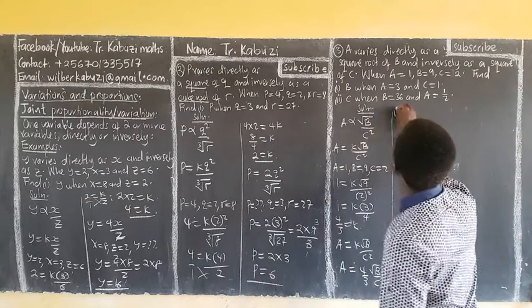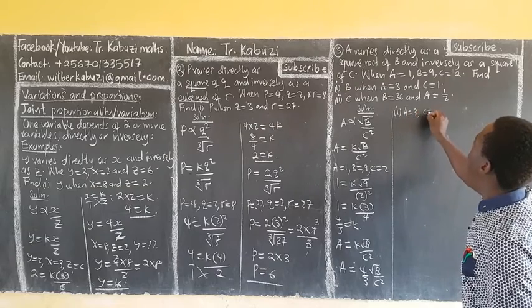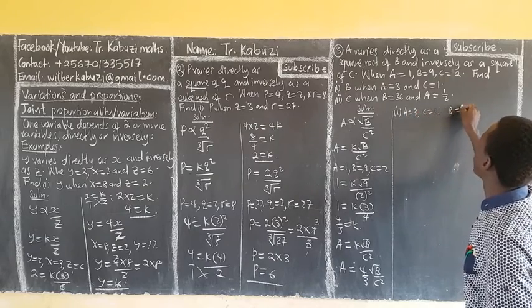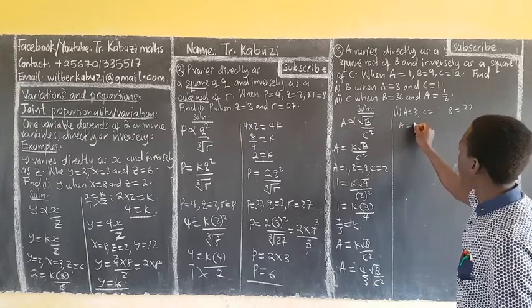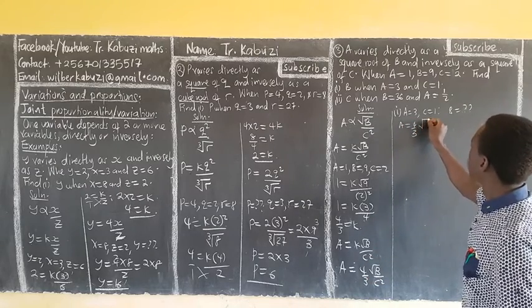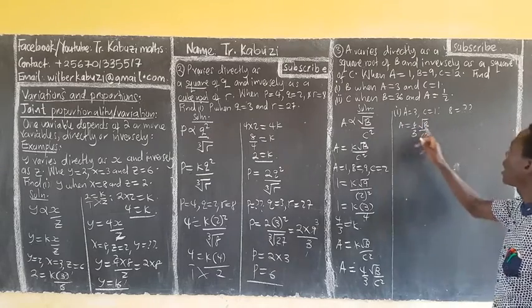Problem number 1. Find b when a is 3 and c is 1. We want to get the value of b. From here, my a will be 4 over 3 root b over c squared. I want b.